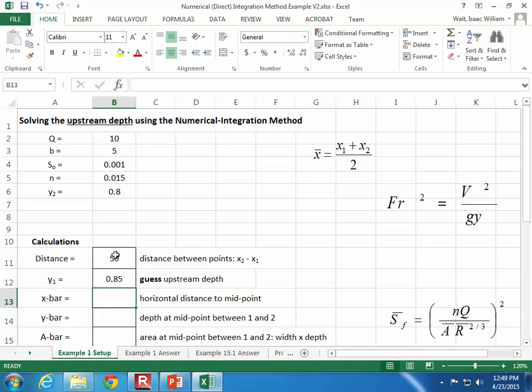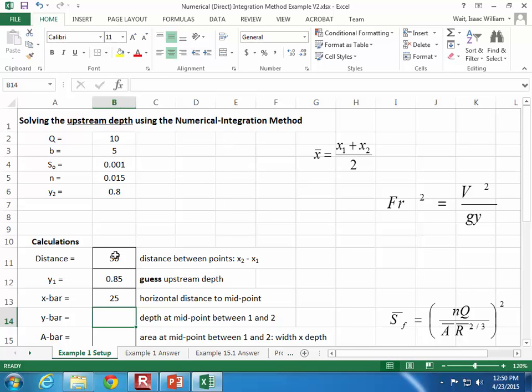I could have started with another guess and I'd still get the right answer eventually. So here at the midpoint, how far is it from our known location to the midpoint? That's 25, so I'm just going to do the distance between the 2 points divided by 2, half the distance.